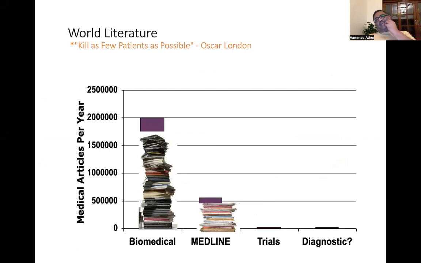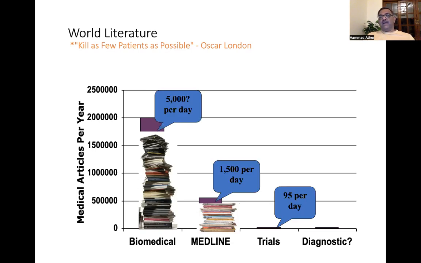Now, the problem is that there are thousands and thousands of articles which are published in biomedical journals. A smaller percentage of that, going into a quarter of these, are Medline, so they are Index Medicus.